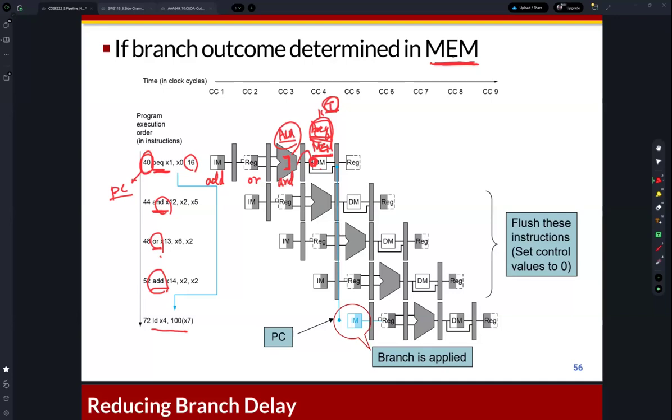So using this true condition, the branch signal is given to the AND gate, and then this is given to the multiplexer of the PC, right? And then the target of this branch instruction is given to the PC when the branch instruction is in the memory stage. Do you understand? Okay.